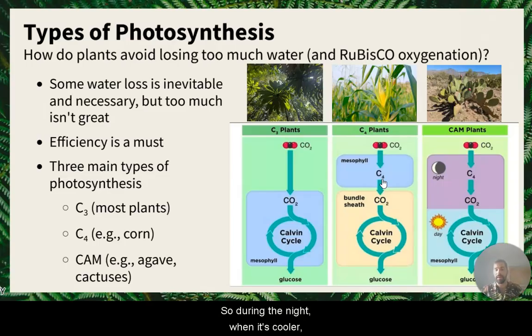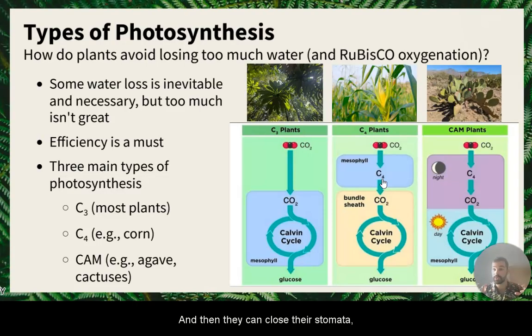So during the night, when it's cooler, they can open up their stomata. They can bring in CO2. They can let the oxygen out that they've produced through photosynthesis. They bring in that CO2. Again, they convert it into a 4-carbon molecule that can then be stored.